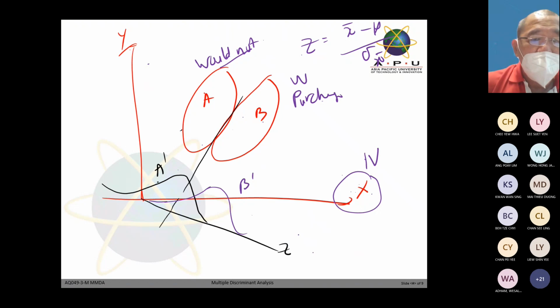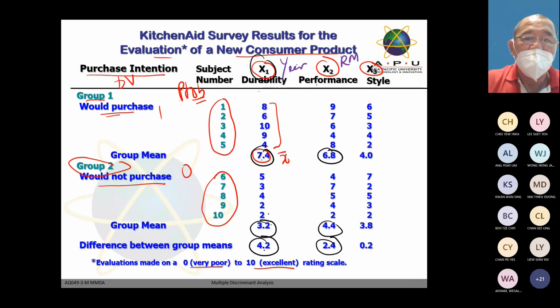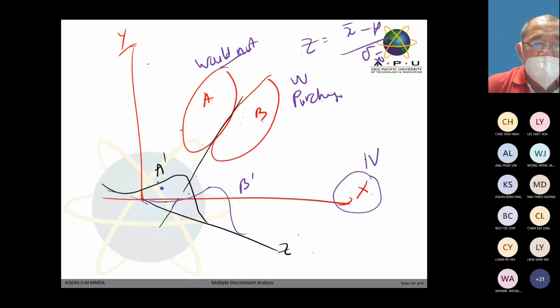After this, we converted the value to the Z. Therefore, it's a normal. Let's say they show us normal curve. From A become A prime, B become B prime. Let's say the person is would not purchase, and then can be match. Therefore, it falls into this category. But sometimes the person is here. The rating, the points that they get here can be here. Means they would not purchase, but they fall into this category.